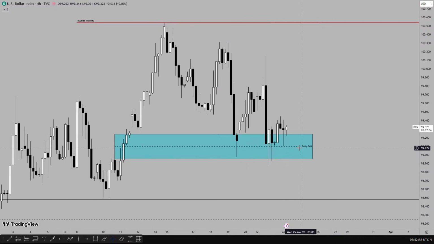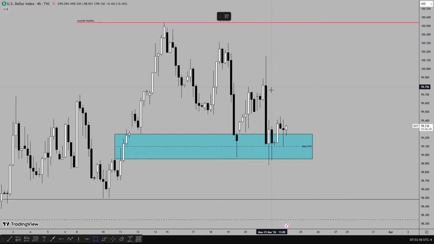So on the 4 hour, after the run on the daily fair value gap, you can see there's still a trend trading lower after the shift, trading to the daily fair value gap retracement. It respected the other block, traded lower, and took out the swing low.